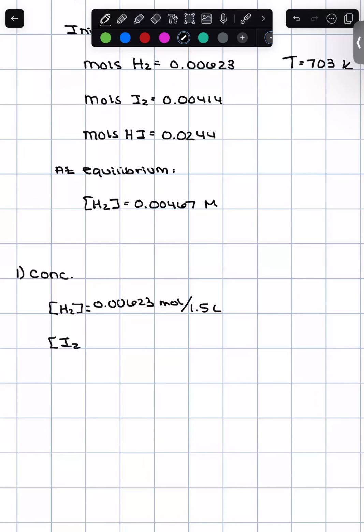Concentration of I2, 0.00414. Concentration of HI is equal to 0.0244 moles per liter.